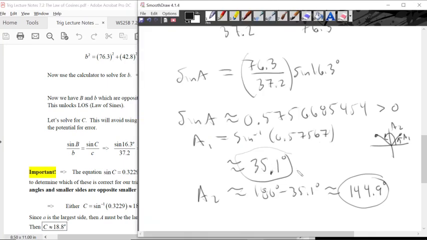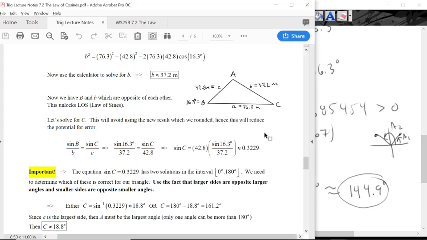But both of these are more than 16.3 degrees. So how do we know which one it is? We might need to look further then. We might need to consider, well, what is going to be angle C in order to determine that? In other words, we don't automatically assume that angle A has to be the 144.9 degrees. We just know that it has to be more than the other angles that we have.